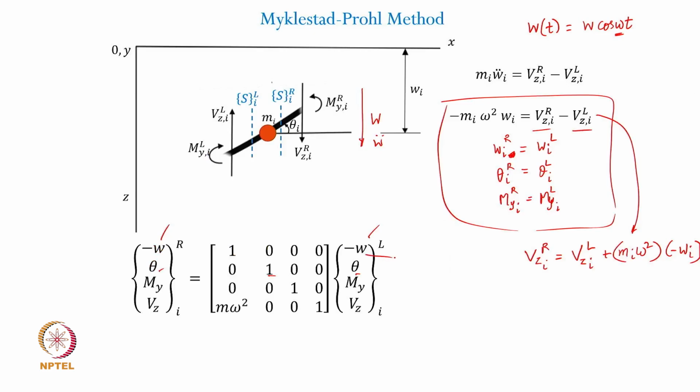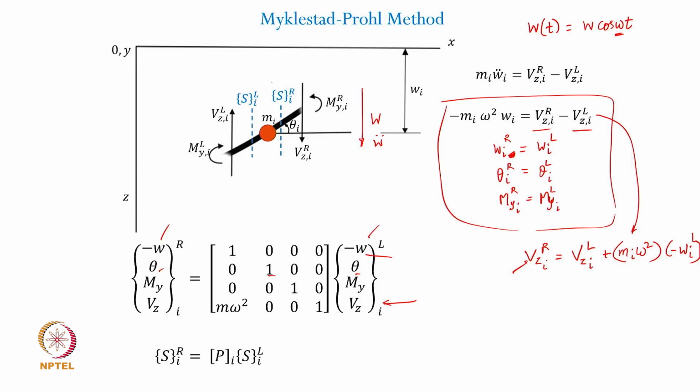And because this is minus Wi, this is the equation that you get. The last row is going to be what we have got here.